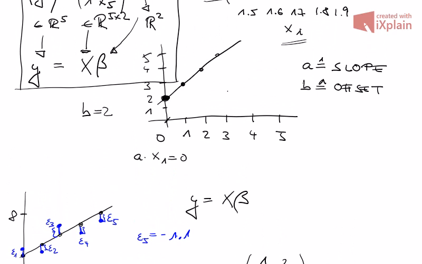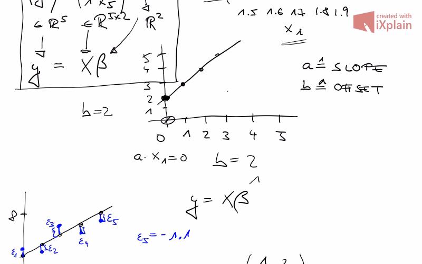Here I try to explain the interpretation that b is the offset. So b is what you have to add to your line. For example, if you are at 0, then you don't make the prediction 0, but you make the prediction 2. And this holds if b equals 2 and in the matrix you have a 1.